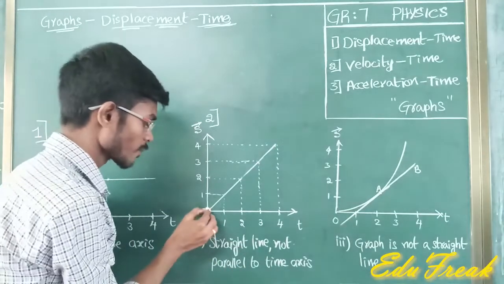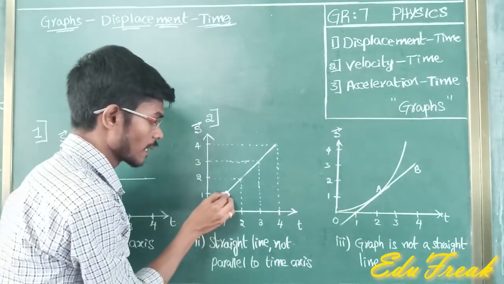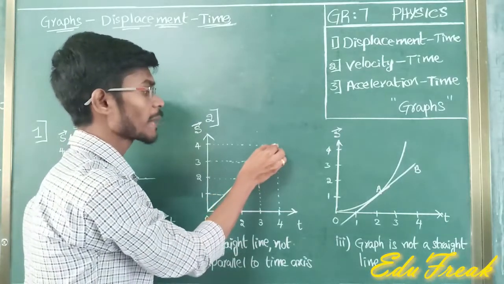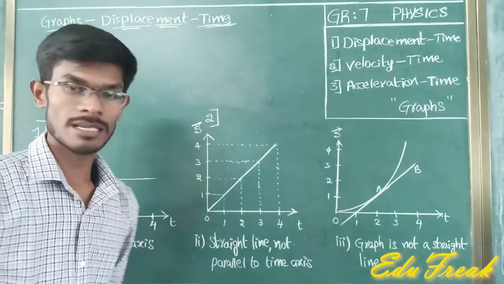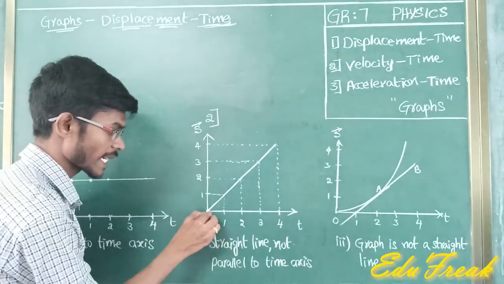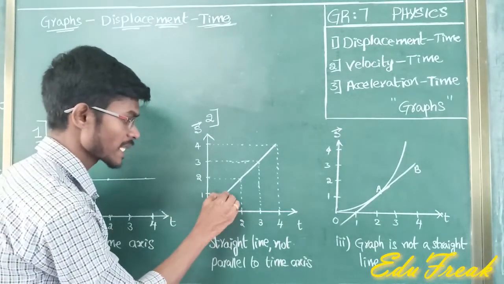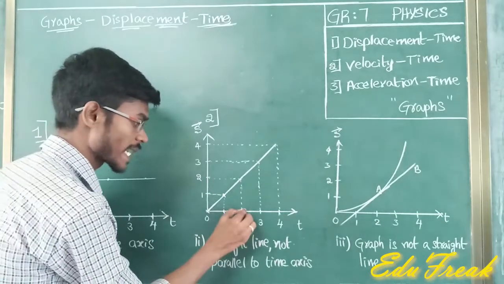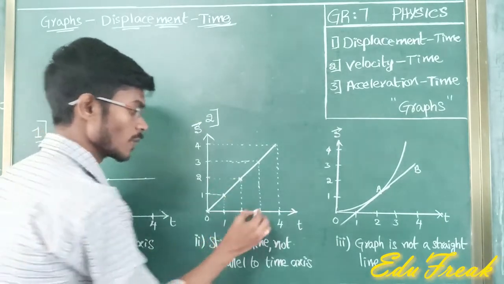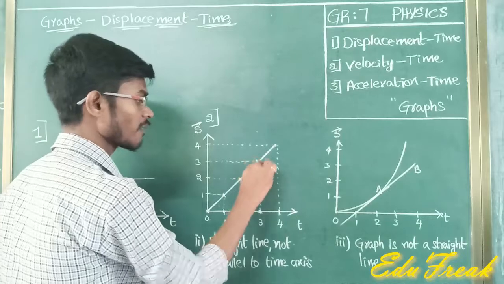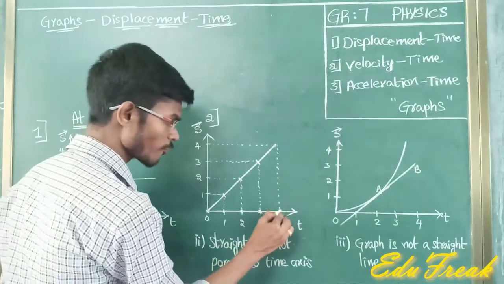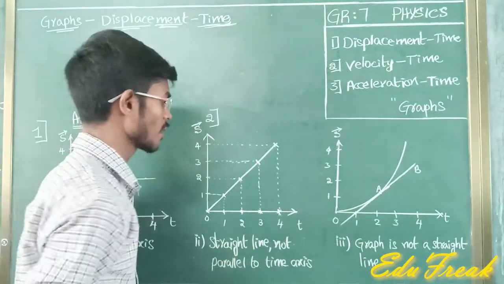If you observe this one, at 0 seconds the displacement is 0, at 1 second the displacement covered is 1, at 2 seconds it is 2, at 3 seconds it is 3, and at the 4th second it is 4.